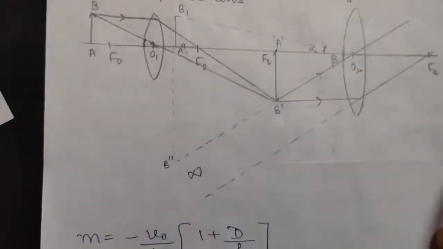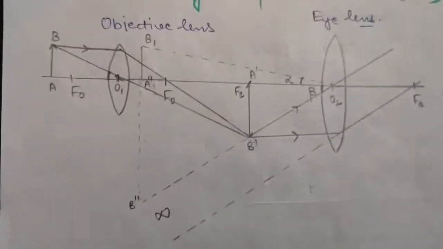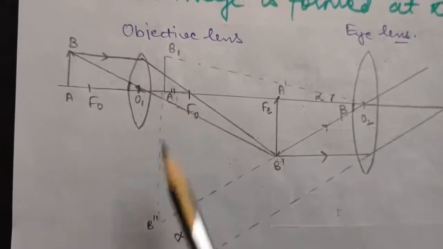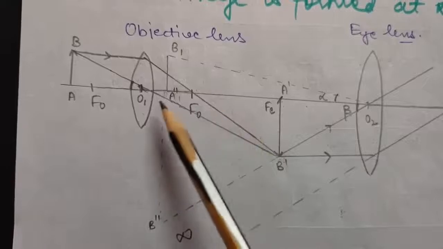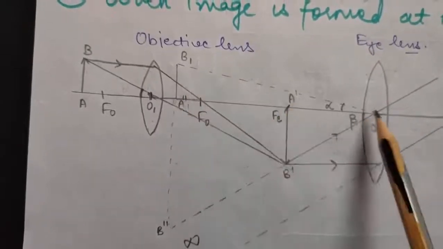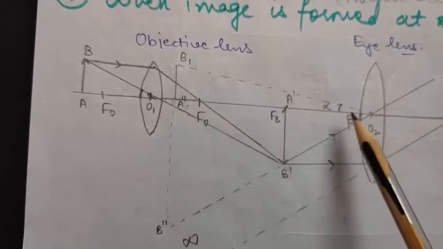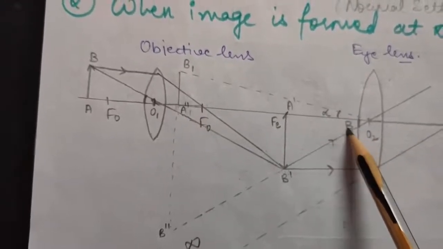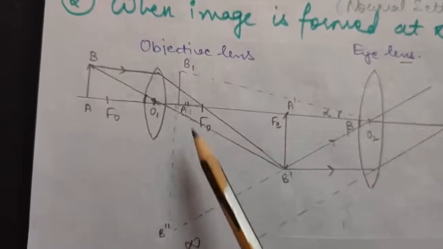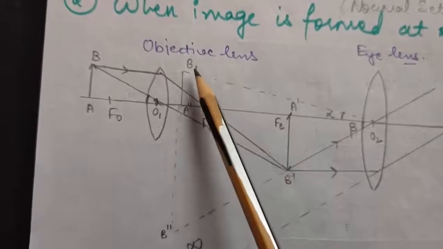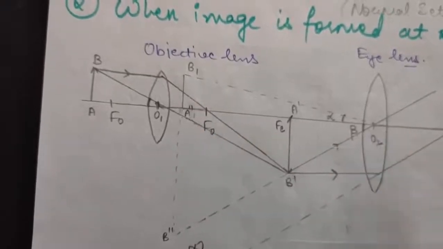Now to calculate magnification, we will be considering two triangles, triangle A double dash B double dash O2, that is this one, and the triangle A double dash B1 O2. And in these triangles, we will be calculating tangent alpha and tangent beta. So tangent beta will be A double dash B double dash upon A double dash O2, and tangent alpha will be A double dash B1 upon A double dash O2.